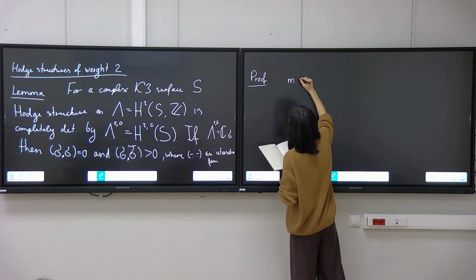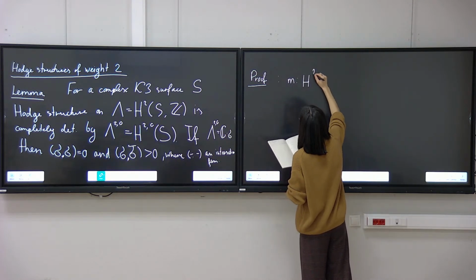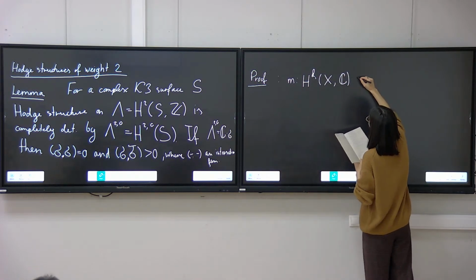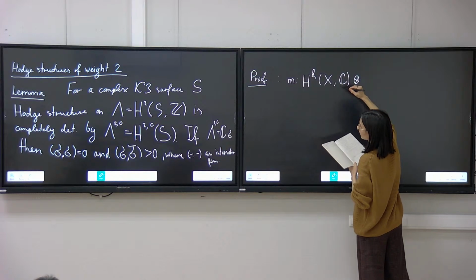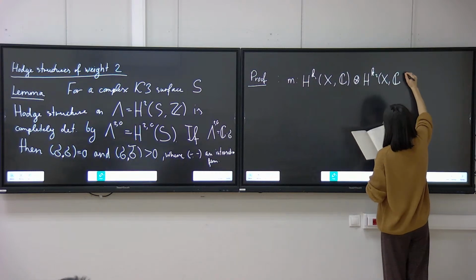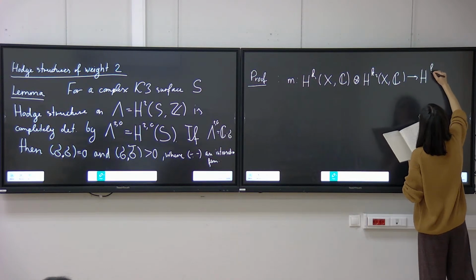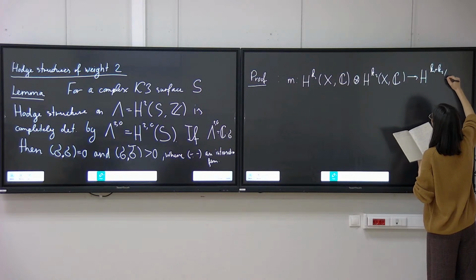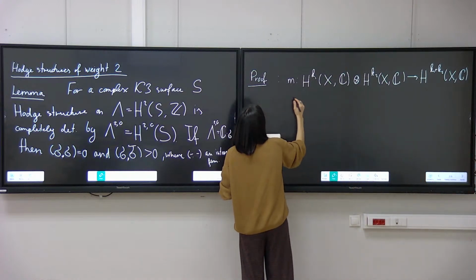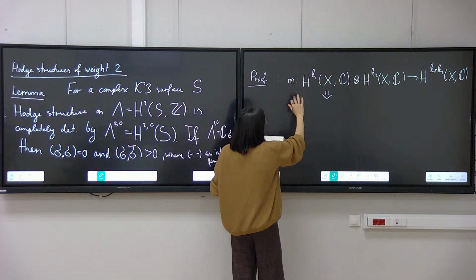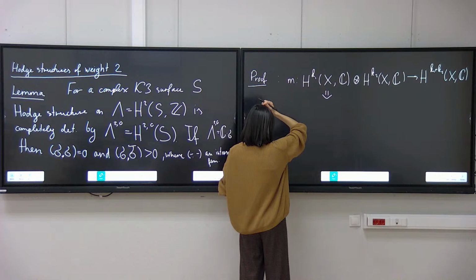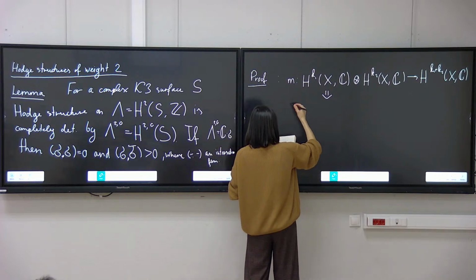So if we consider multiplication H^1 times H^1 to H^2, for any complex variety, it is related with the Hodge decomposition in the following way.